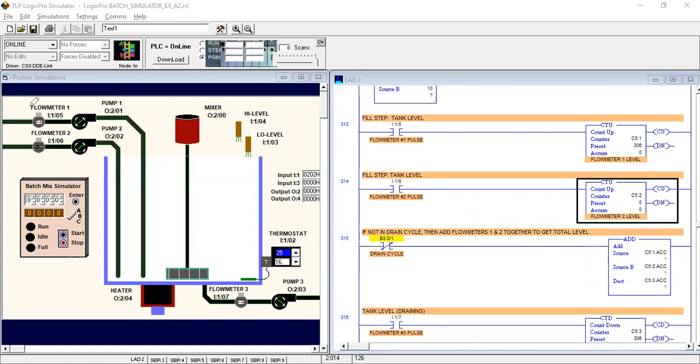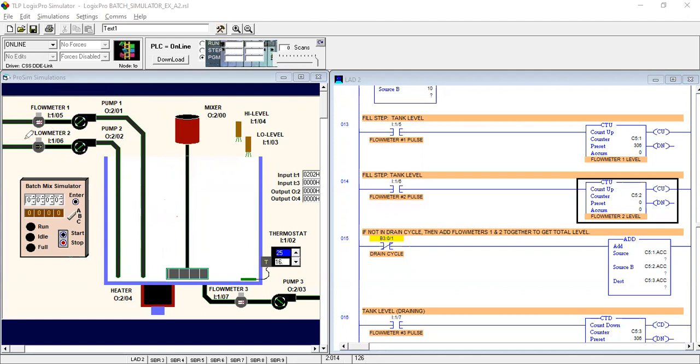Suppose we take the liquid from flow meter 1 as 50%, and we also take 50% from flow meter 2. So it adds and makes 100%.